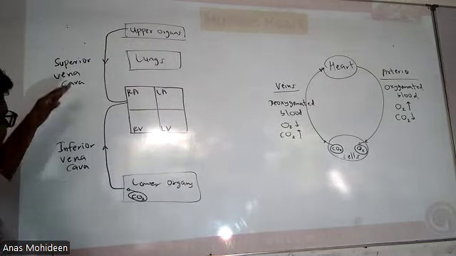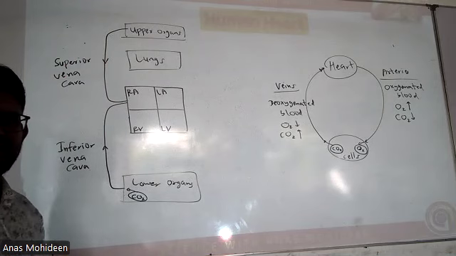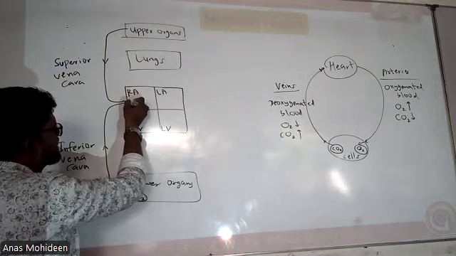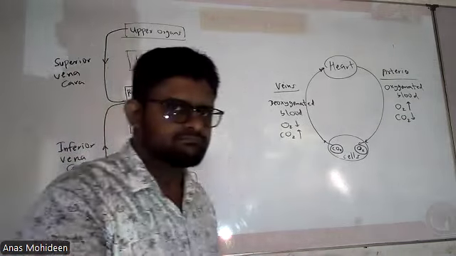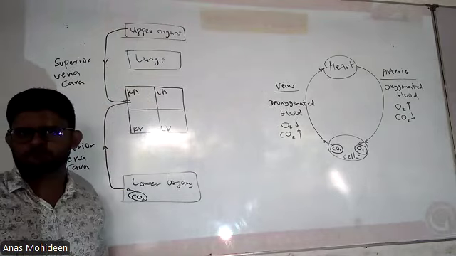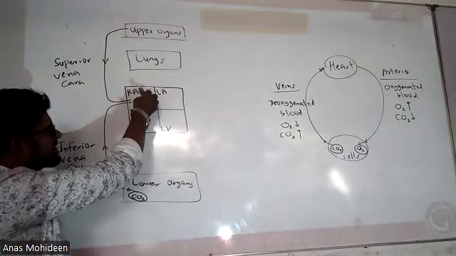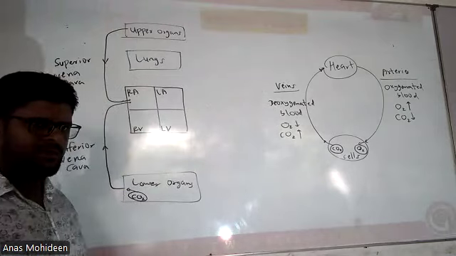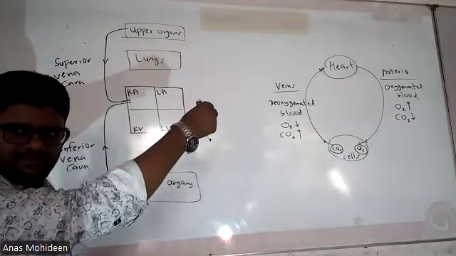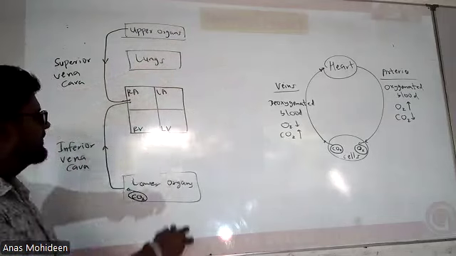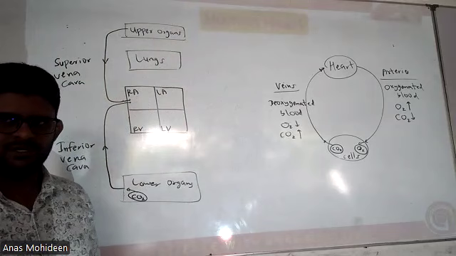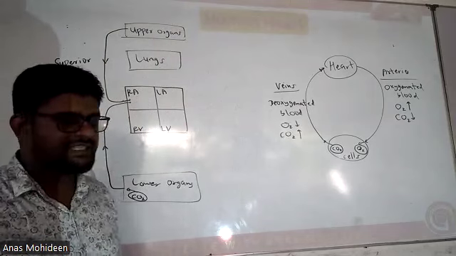So the superior vena cava and inferior vena cava both collect deoxygenated blood in the right atrium. They are opening there. Now the right atrium fills up with deoxygenated blood. The deoxygenated blood should pass down. The right atrium squeezes, and when it squeezes, blood transfers down. To do so, there is a valve here.